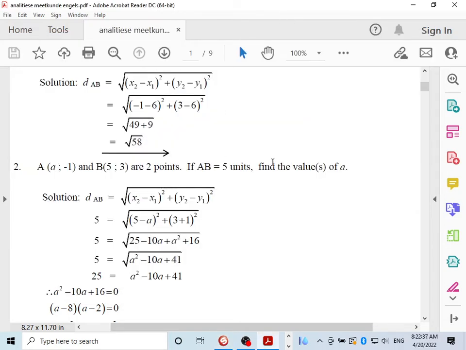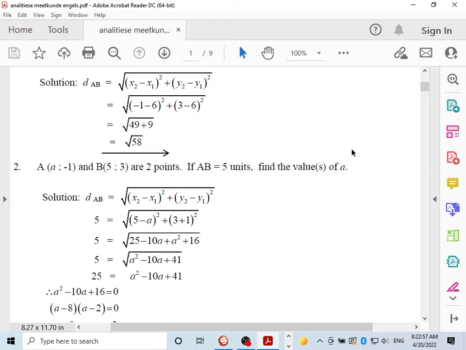Now they said here, find the value(s) of A. Do you see they say value in brackets? Because there are two possible answers. Now, if they give the question like that, you give both answers. And do you understand why you have two answers? Okay.